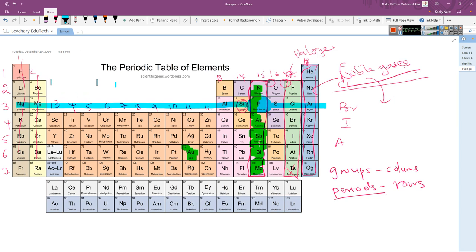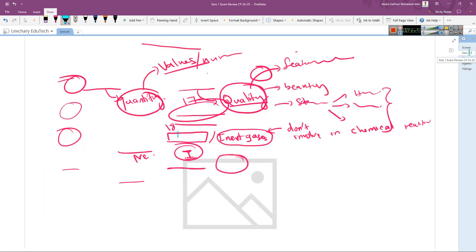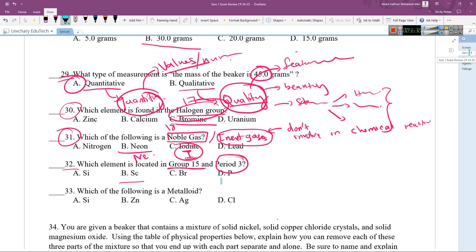Phosphorus. So the answer is phosphorus. Understood? How to find the answer for this question?